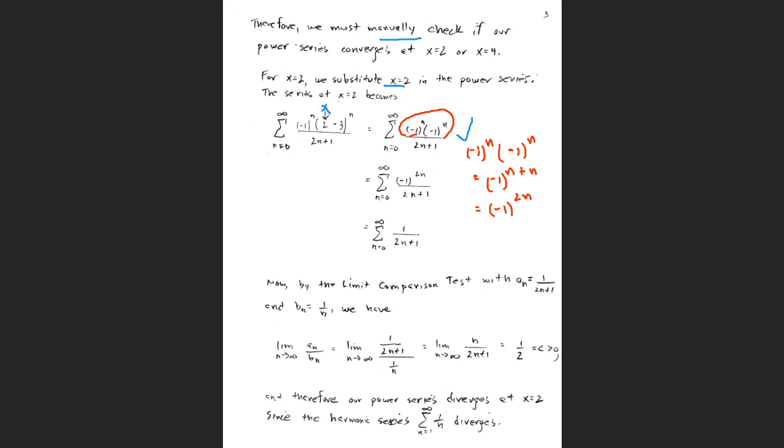And 2n is an even power, and negative 1 to any even power equals 1. If you had negative 1 squared, that equals 1. Negative 1 to the 4th equals 1, and so forth.